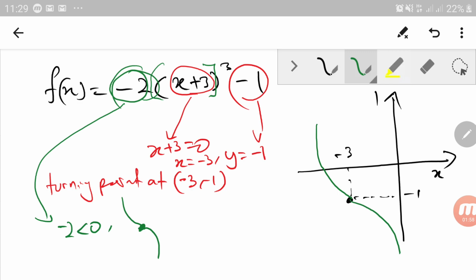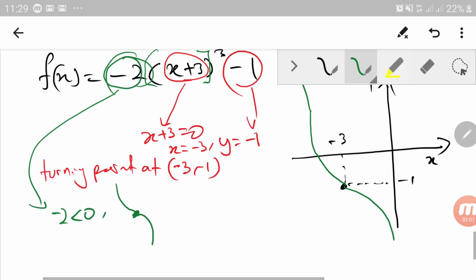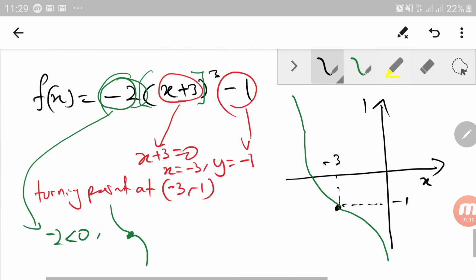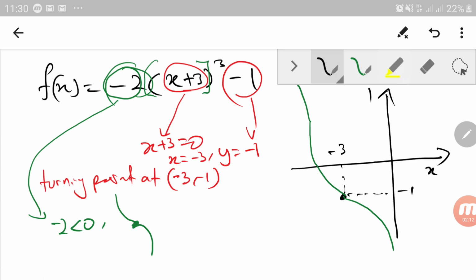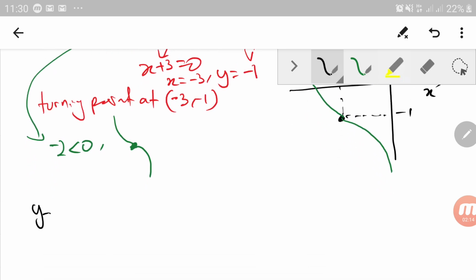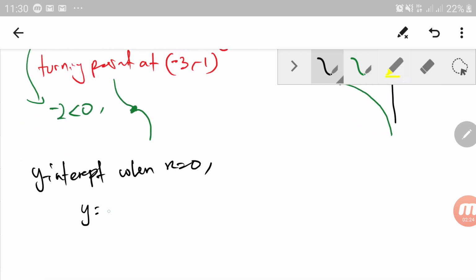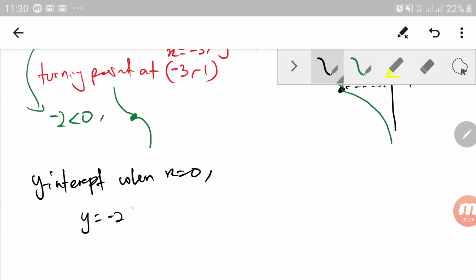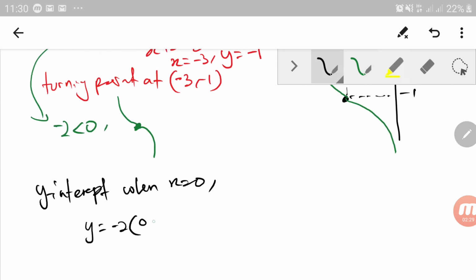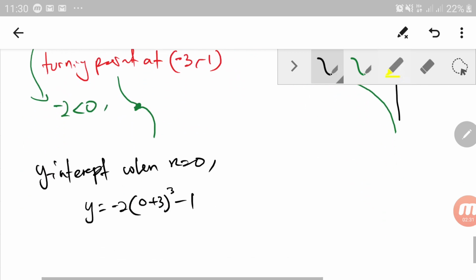So that is the function. Maybe I extend this over here and over there, because I need to make sure whether there's an intersection or not. We want to find the y-intercept, when x is 0. So y equals minus 2 times (0 plus 3) cubed minus 1.